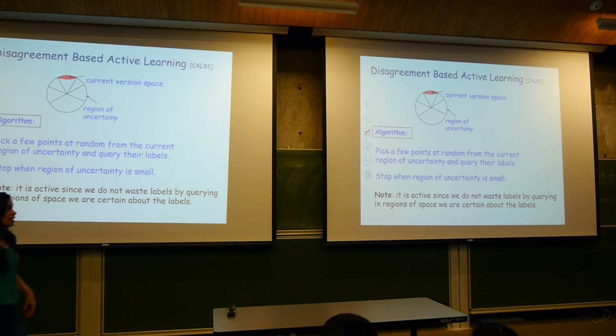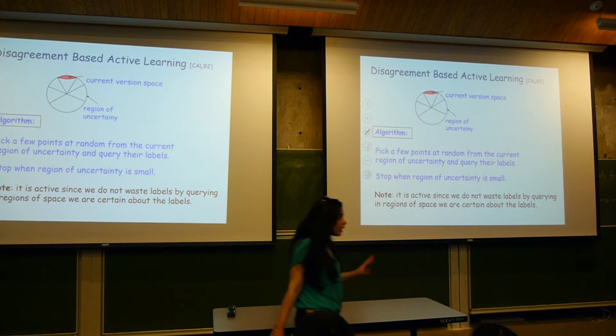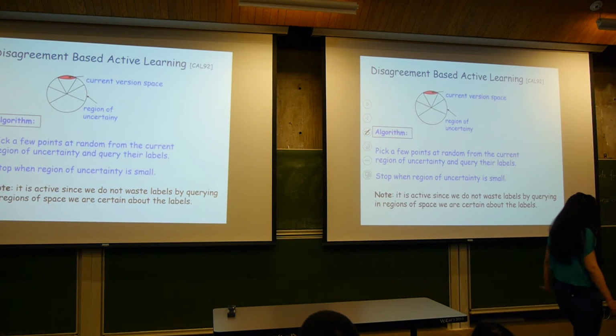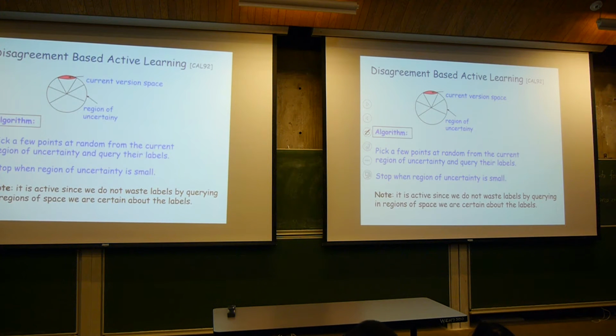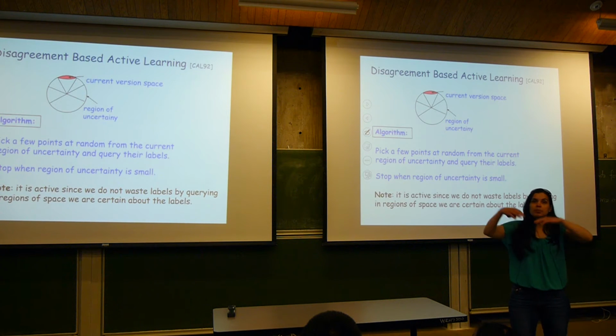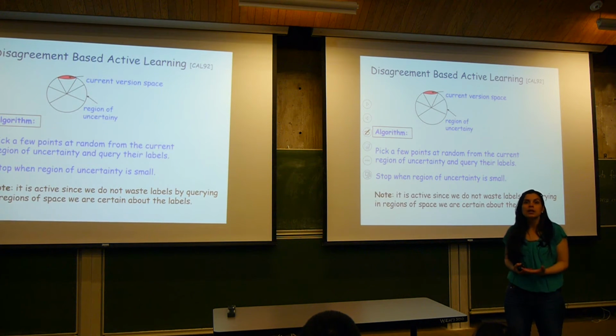Now this is a very natural active learning scheme, and it turns out to do surprisingly well in certain cases. It's a very non-aggressive, mellow active learning scheme, but it does well sometimes, and it's safe. We first pick a few points at random, and we pick the classifiers that agree with those points as the current version space. Then we go in rounds.